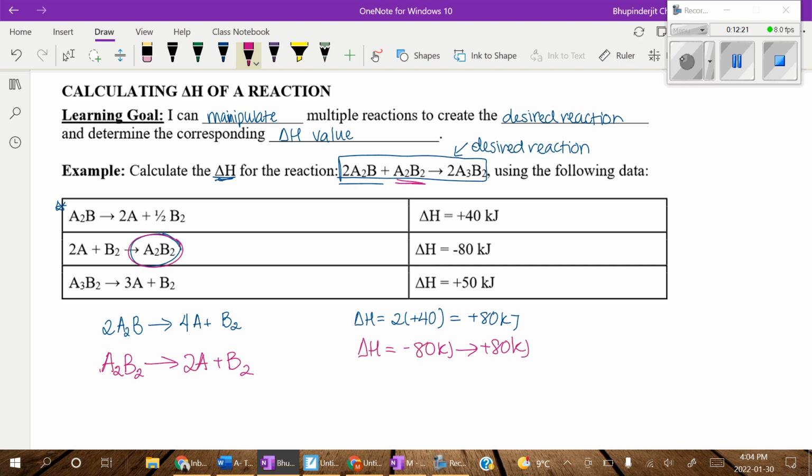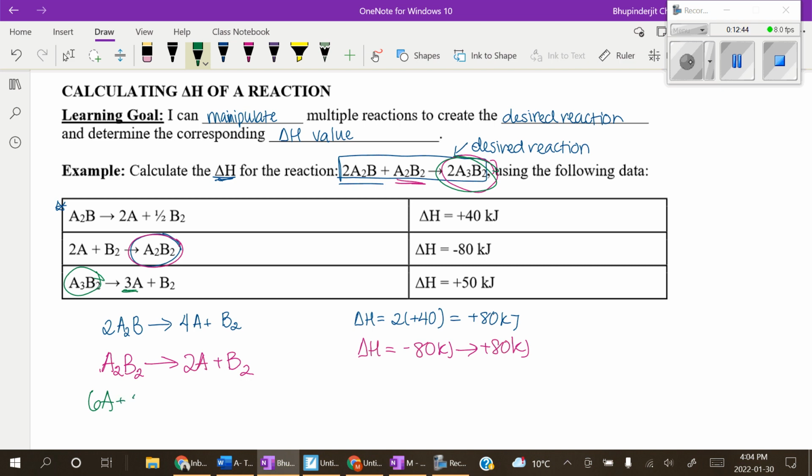And then the last one, I need 2. Sorry, I'm just going to grab a different color here. So we're looking for this one. We need 2 of them, and we need it on the product side. So I see it here. I need to flip it, and I need to multiply it by 2. So 3 times 2 gives me 6A.